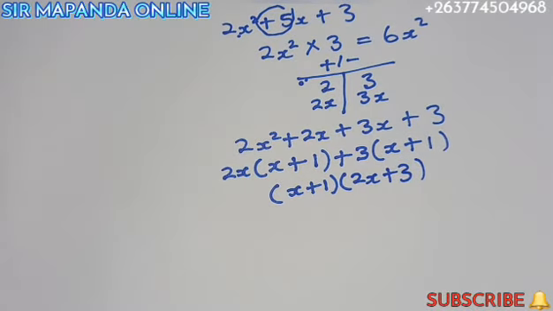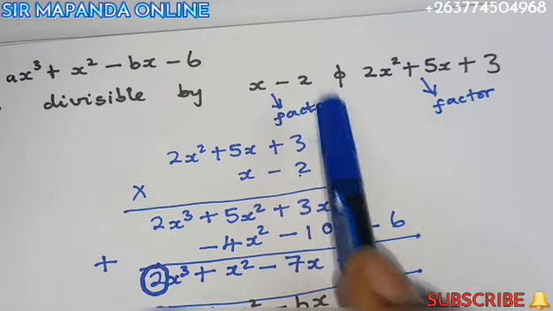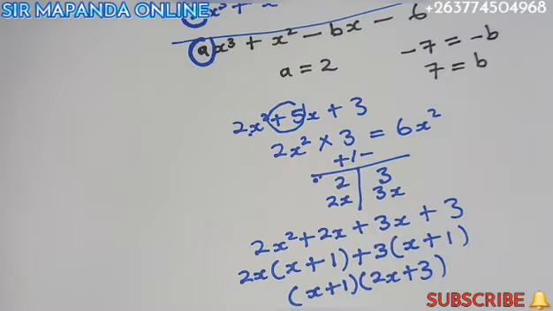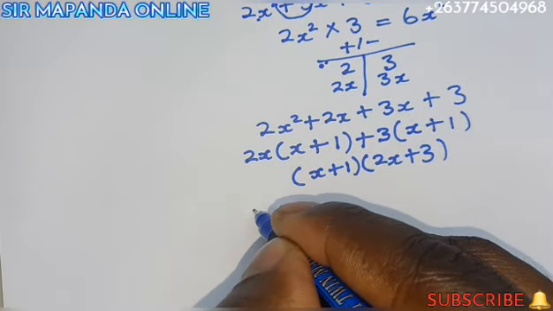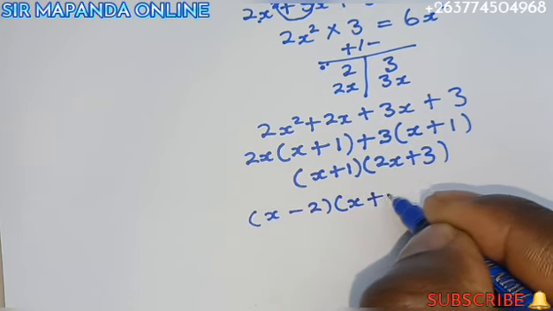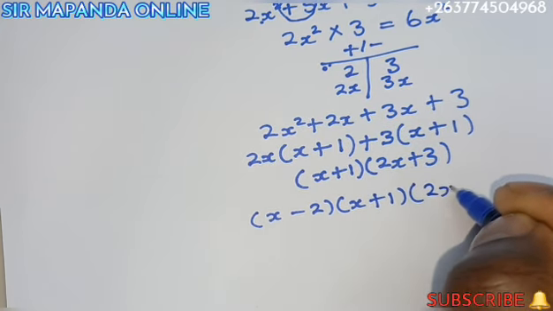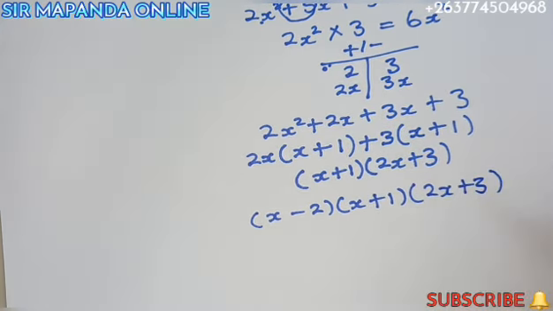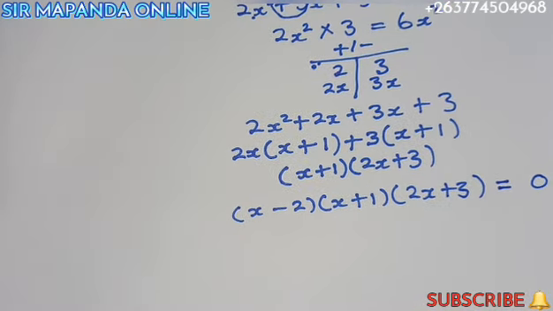Right. Now that we have factorized the quadratic, let us connect this quadratic to the given factor, which is x minus 2, to form the equation. You are now saying x minus 2, x plus 1, 2x plus 3, which is the complete function, must be equivalent to 0.